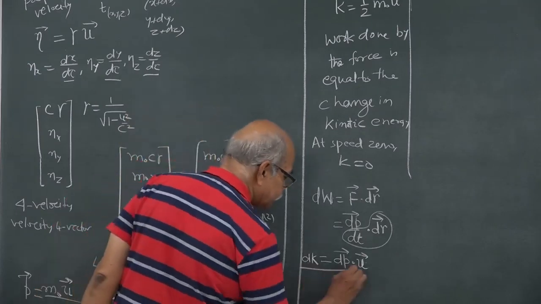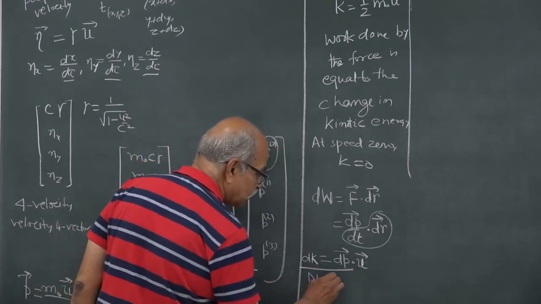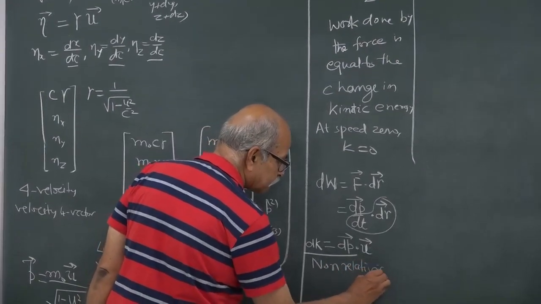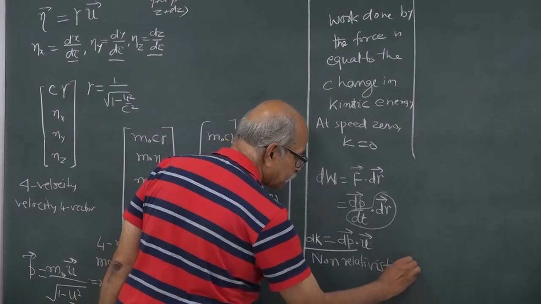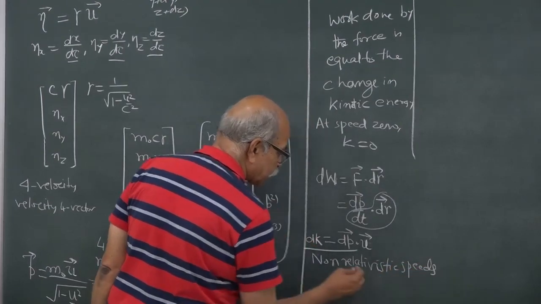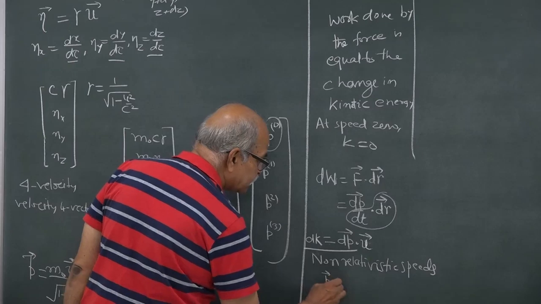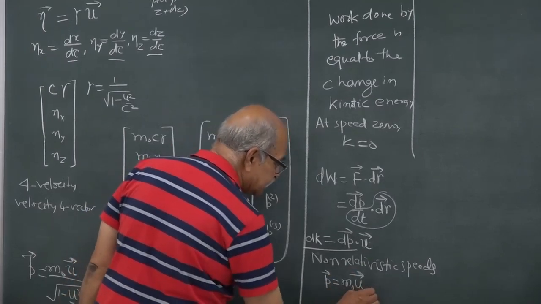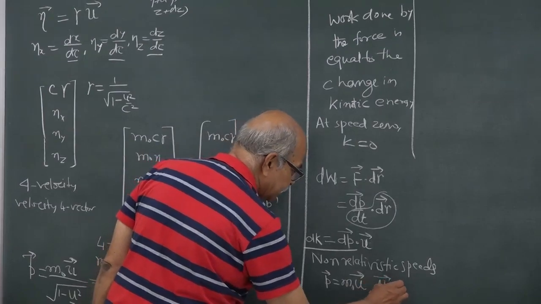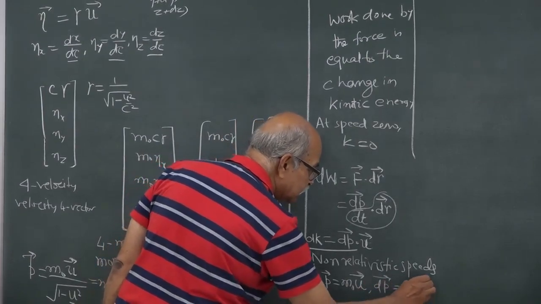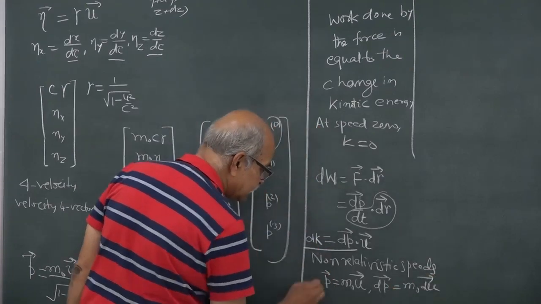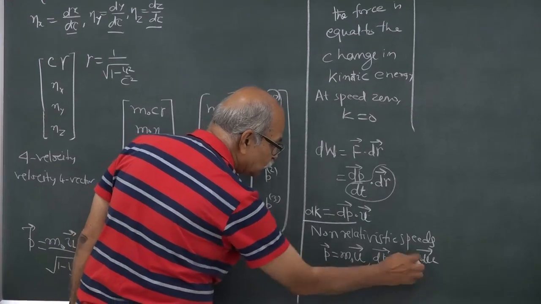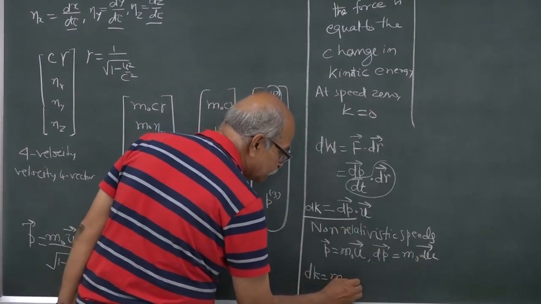We say that for small speeds, non-relativistic, we say that p is mass times velocity. So, this is p, and hence dp is m naught du, and therefore, this dk is m naught du dot u or u dot du.